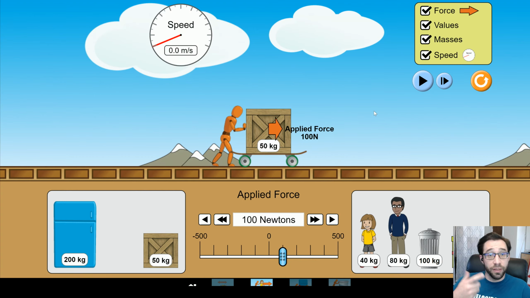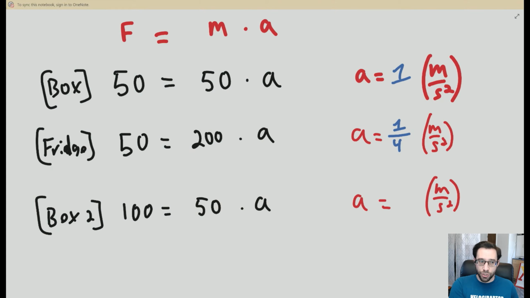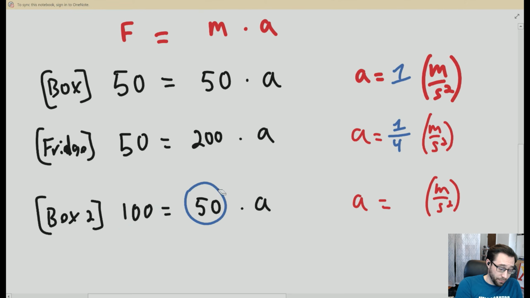So I'm doubling the amount of force, but I'm keeping the original mass of 50 kilograms. So let's figure out what the acceleration should be, like how it's going to relate to the first two situations. So if I've got 100 newtons of force, 50 kilograms, I want to figure out what the acceleration is.